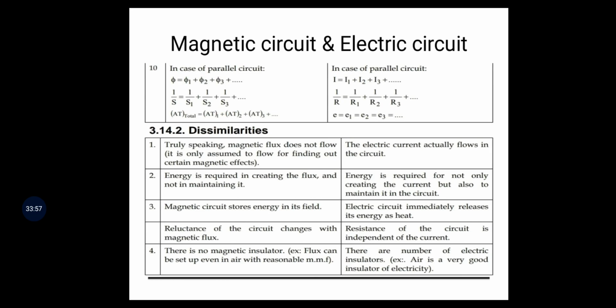If we see the dissimilarities, magnetic flux does not flow in the circuit, but electric current flows.